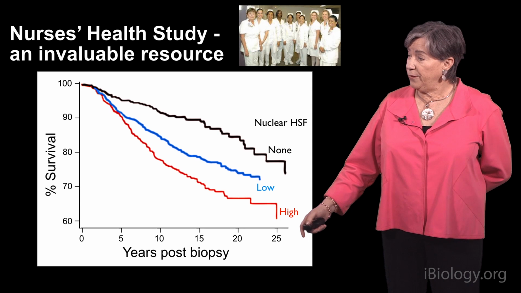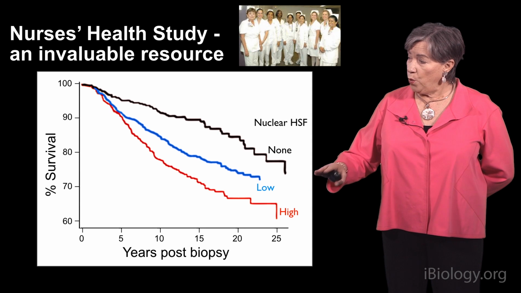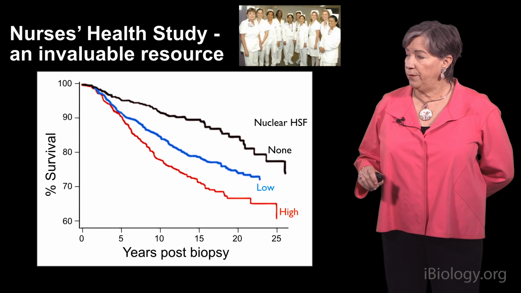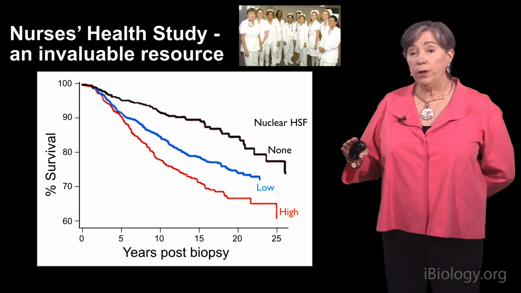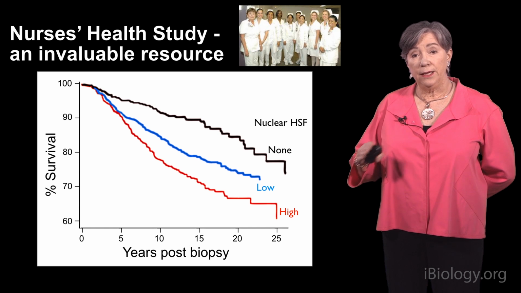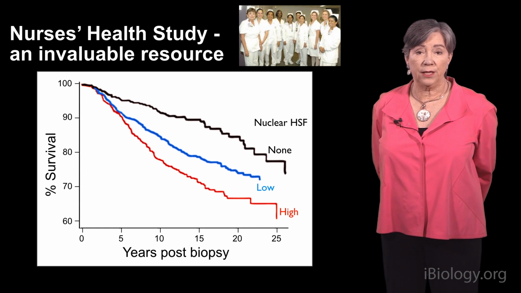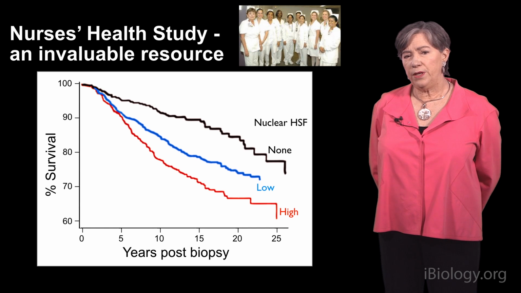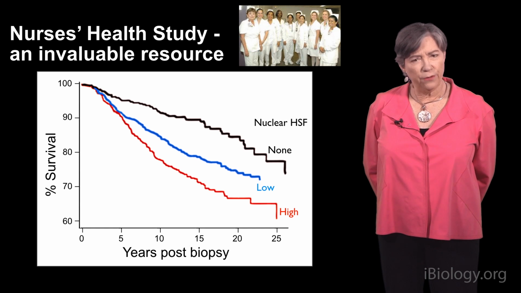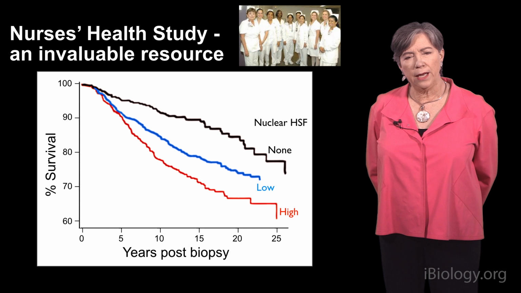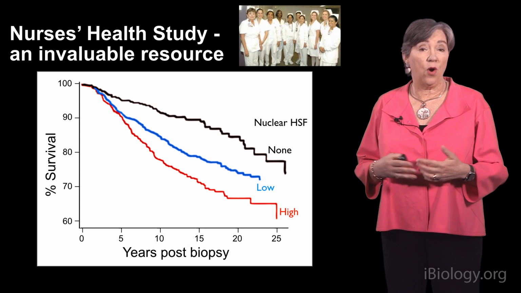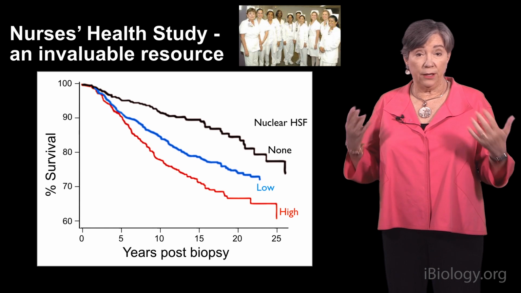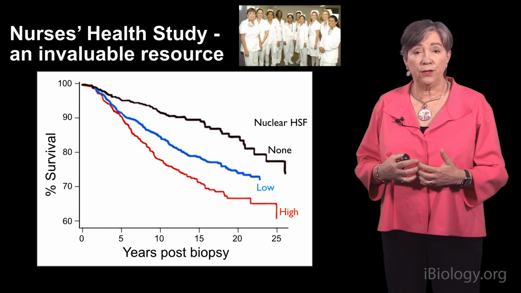And sure enough, the women who had a low level of the heat shock response active in their tumors were much less likely to die than the women who had a high level of HSF in their tumors. This is an amazing difference in these populations when you realize that these women were treated in different ways all over the country, in different clinical settings and centers.